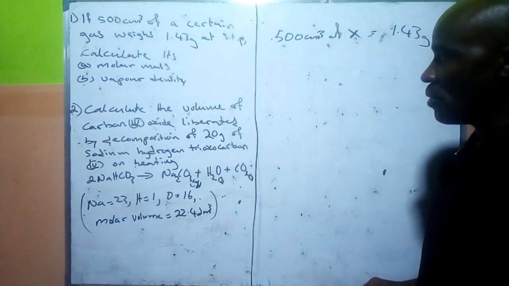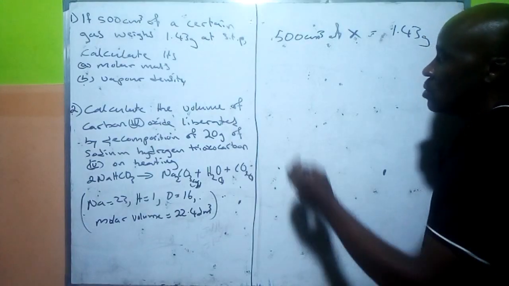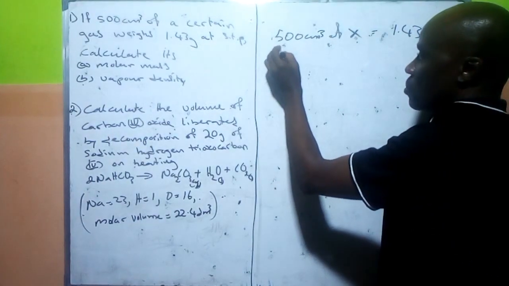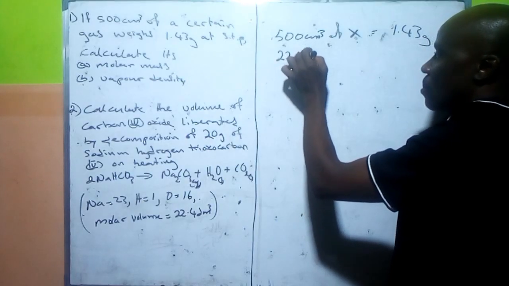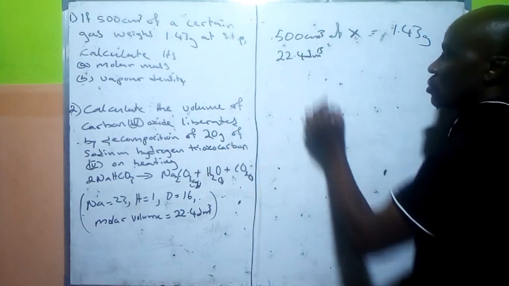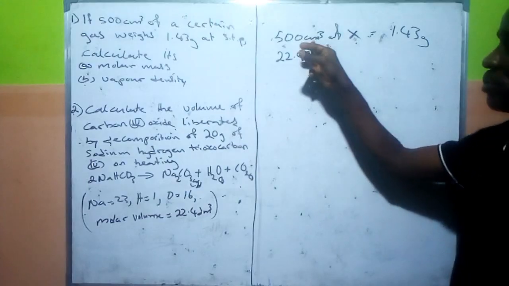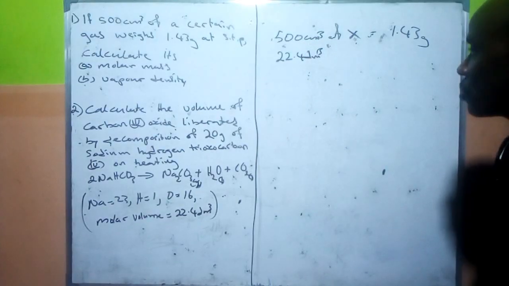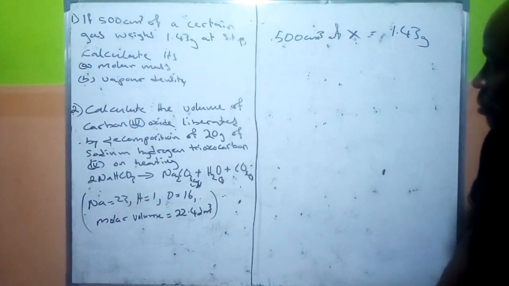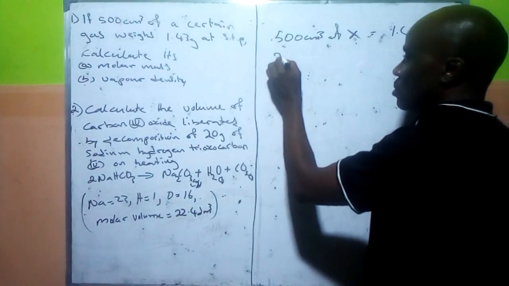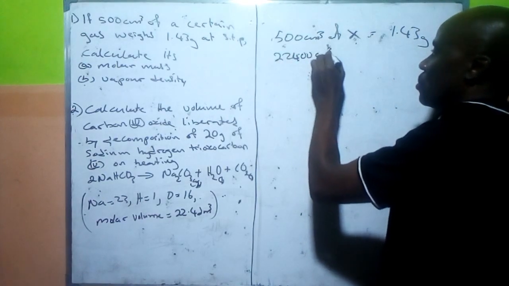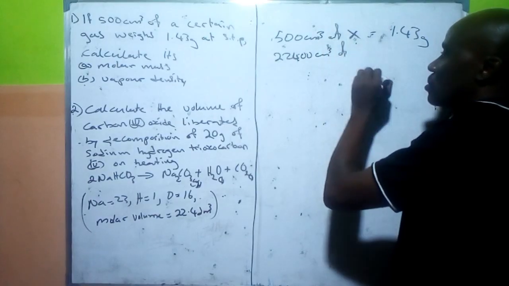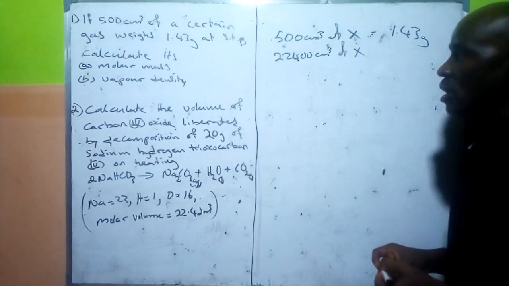We know molar volume is always 22.4 dm cube. Since this one is in cm cube, let's convert it to cm cube. That simply means 22,400 cm cube, so that it will be easier for us, of X.